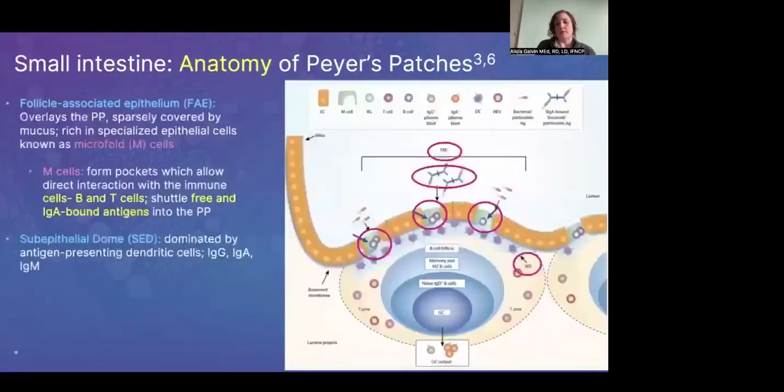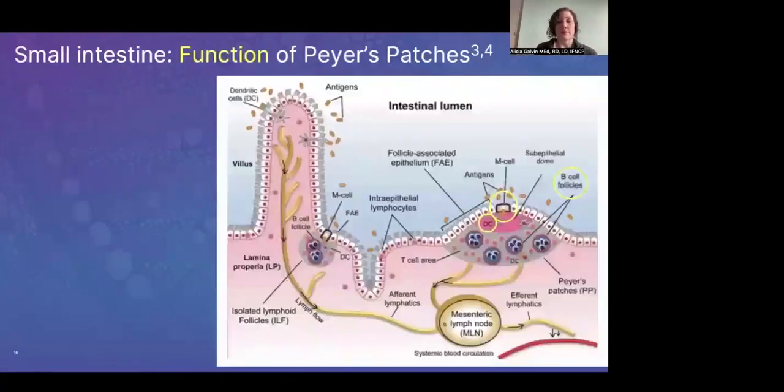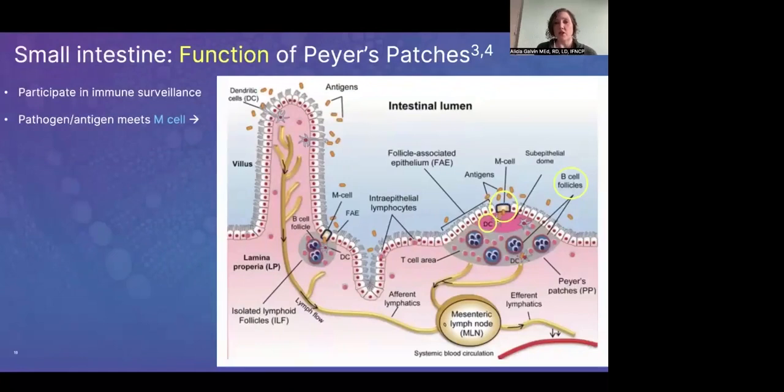And then it is able to go down and interact with the B cells in the immune system. That's part of how the body is thinking: do I need to deal with this, or is this something I can pass on without any problem? Basically it's functioning as an immune surveillance system. So that's the function of these Peyer's patches.